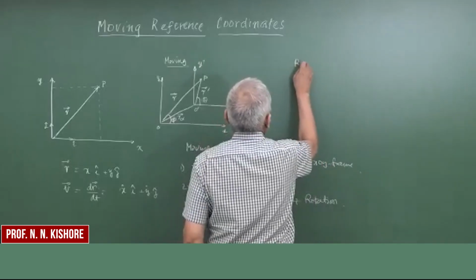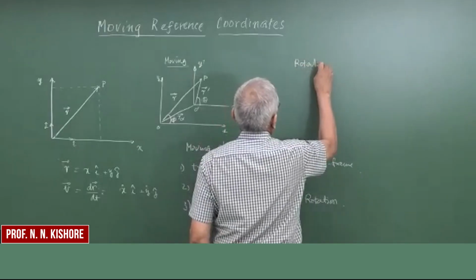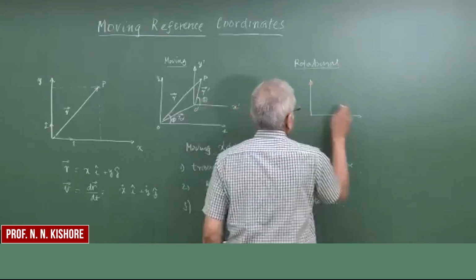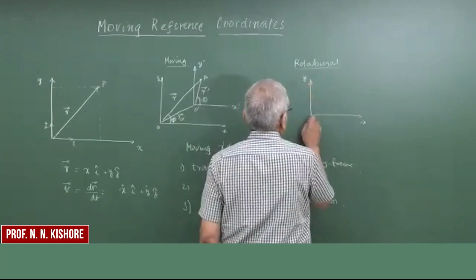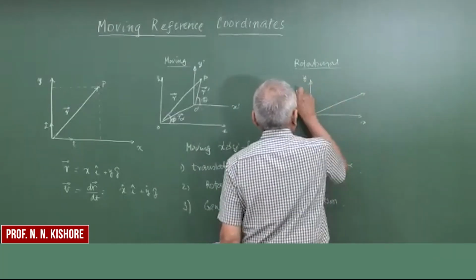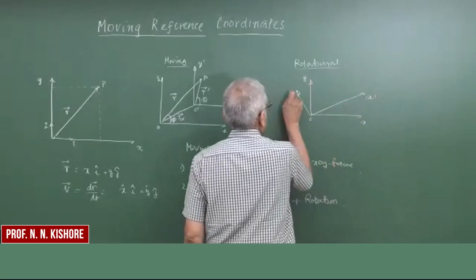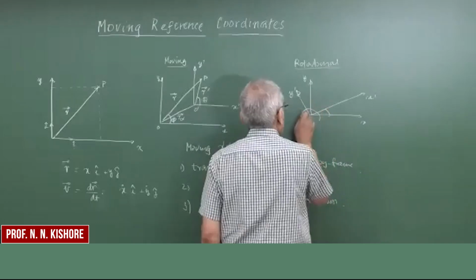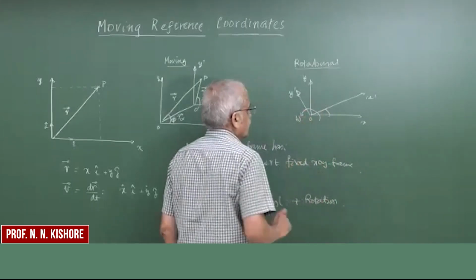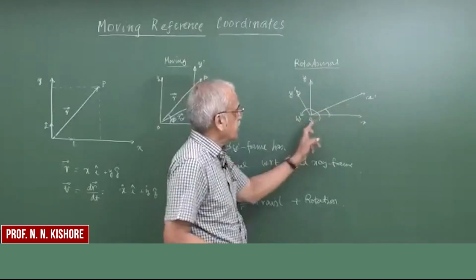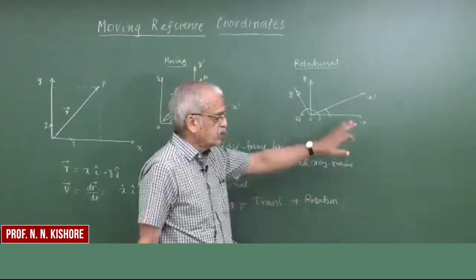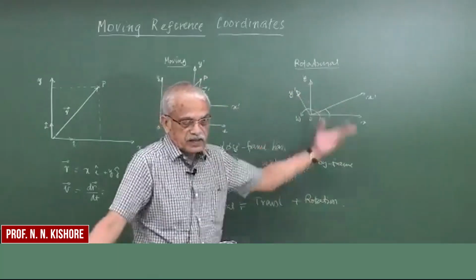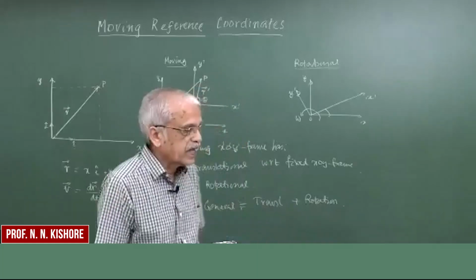We will see everything in detail, but rotational means that if this is the basic frame, then this x prime O y prime at the same origin will be rotating, and it has a certain angular velocity and angular acceleration as well.